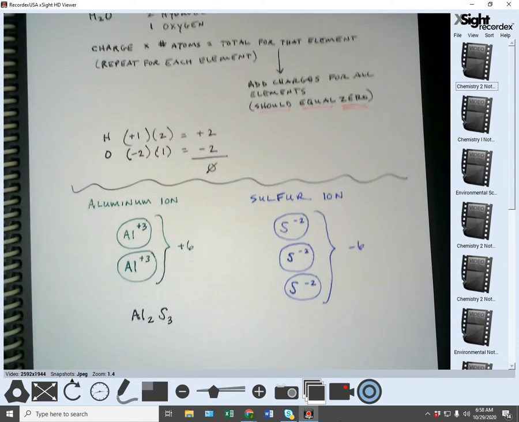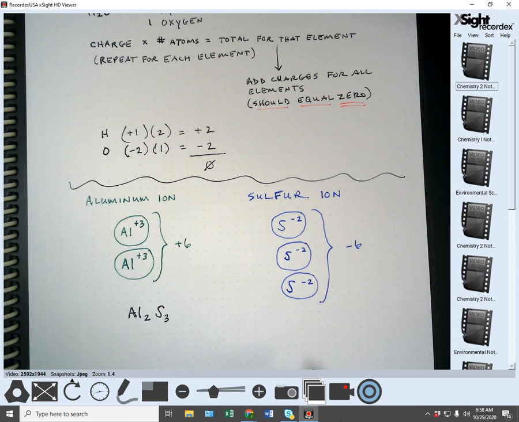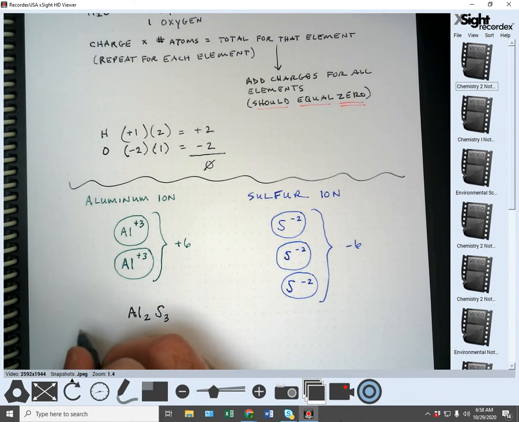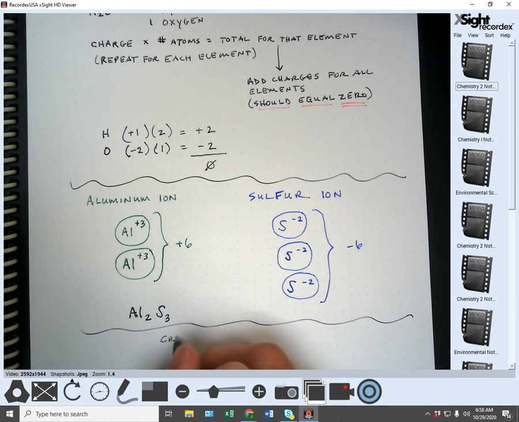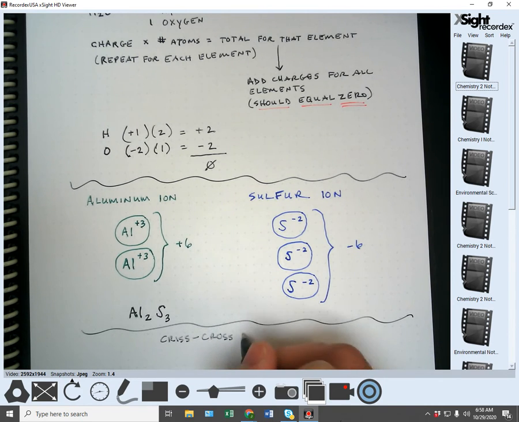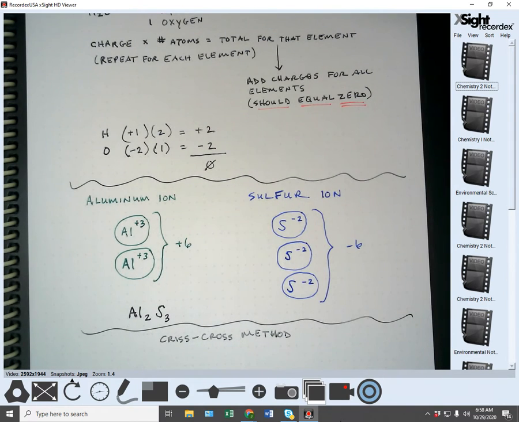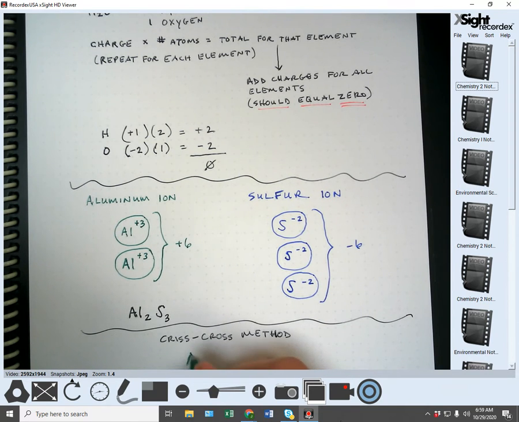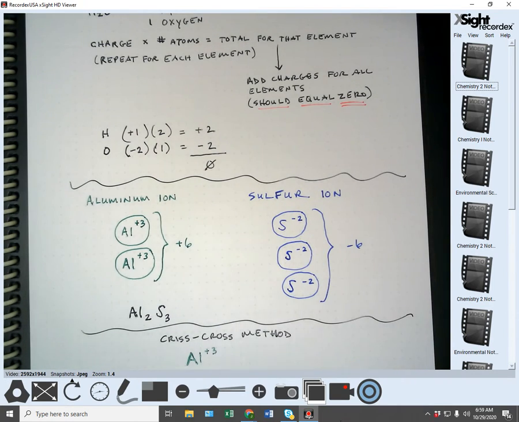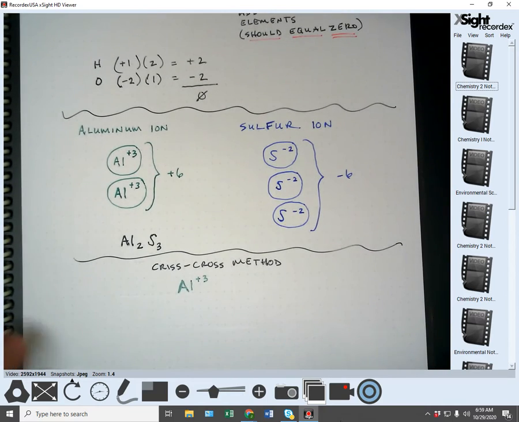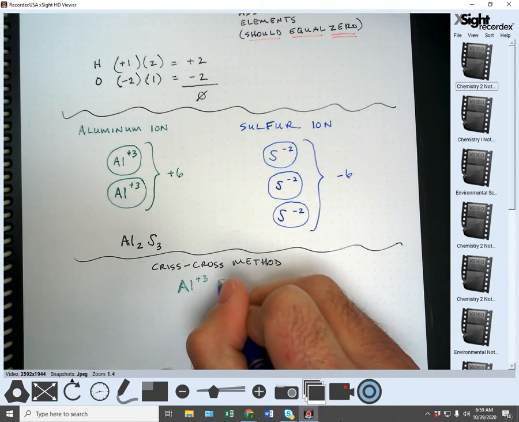So if I was doing the crisscross method, what I do is I take my ions with their charge. So aluminum +3 and my sulfur -2.